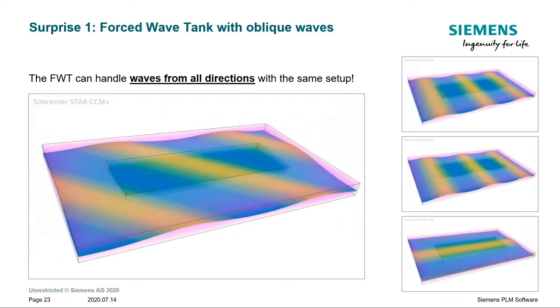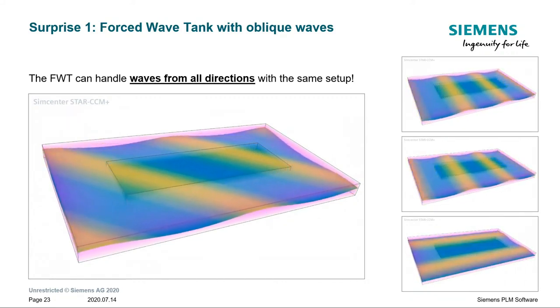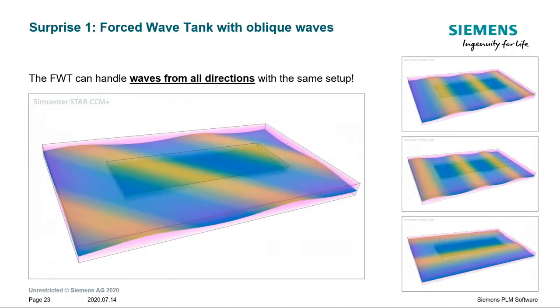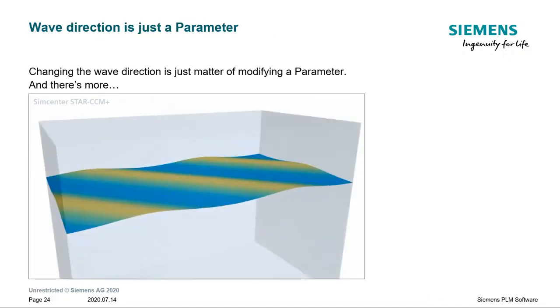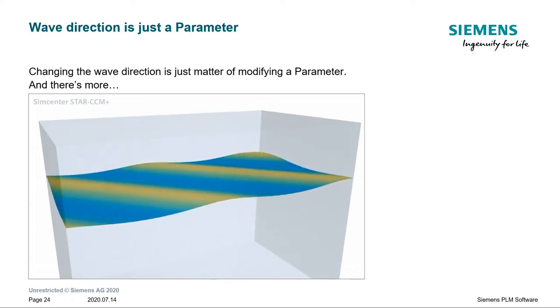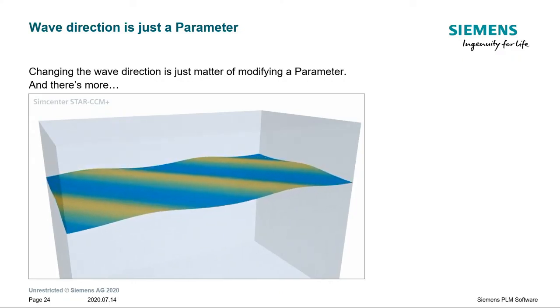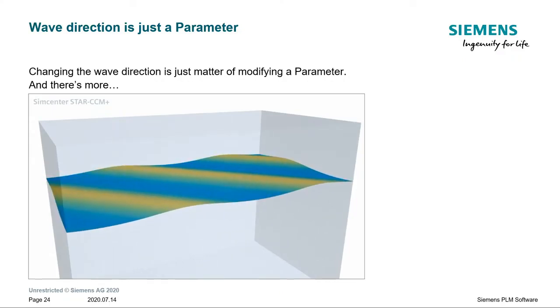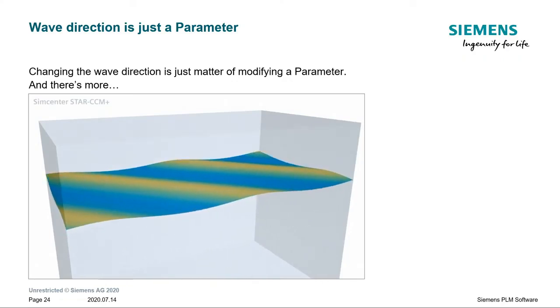And you can hardly see any issue in terms of numerical error associated with the non-alignment of the mesh with the wave propagation direction. So this really means that now our wave, in terms of not only wave height and wavelength, but also direction, is parametric, and there is no preferable direction.